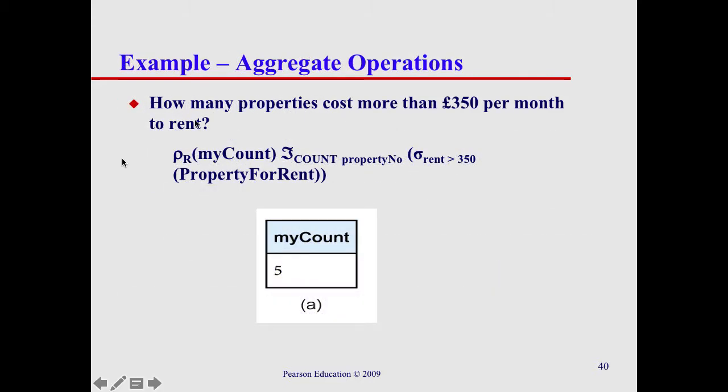So for example, if I am counting the number of properties whose rent is greater than 350, this is how it would look. Here's my list of aggregation operations. I'm renaming this column as my count in the solution.